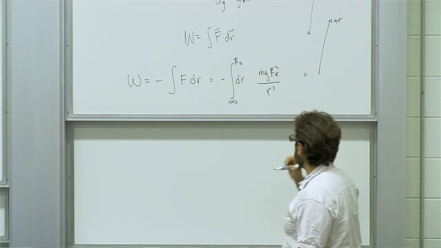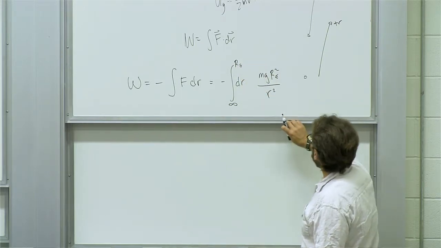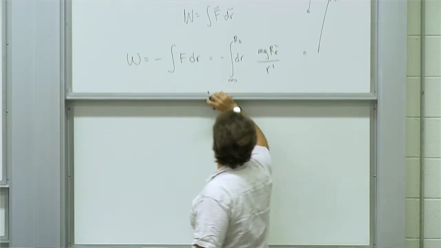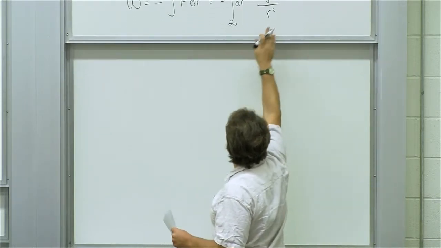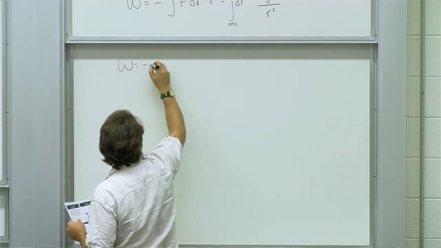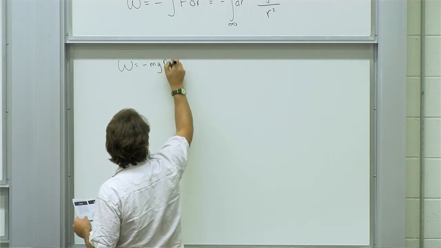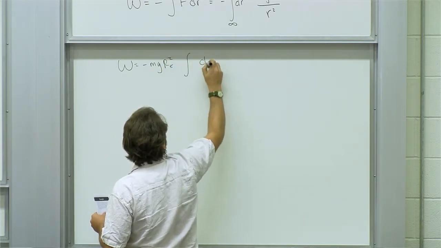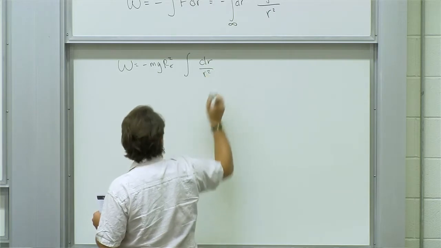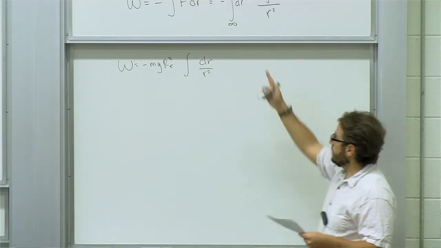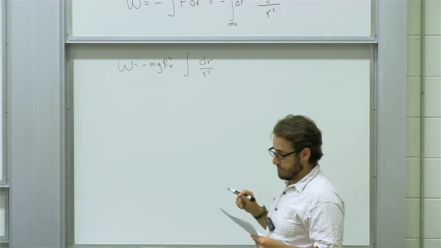Okay. And if you had done this differently, it doesn't matter. But okay, so we have to do that integral. Now, mg re squared comes out of the front, right? Negative mg re squared times the integral dr over r squared. Not that hard an integral. What's the integral of 1 over r squared?